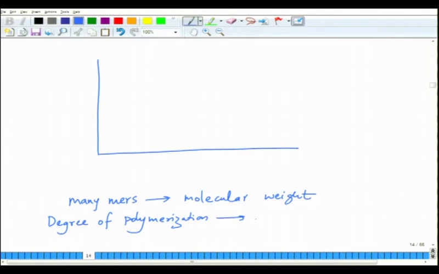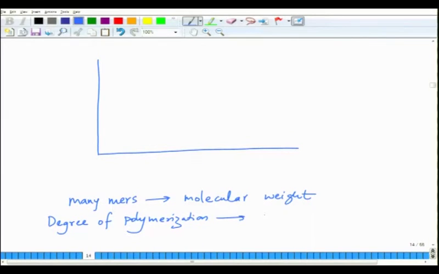The degree of polymerization is basically the degree to which MERS attach to each other. If you have, let us say, a C2H4 molecule, this n is the degree of polymerization. So, higher molecular weight will mean higher value of n. Higher the degree of polymerization, higher the molecular weight of the polymer will be.